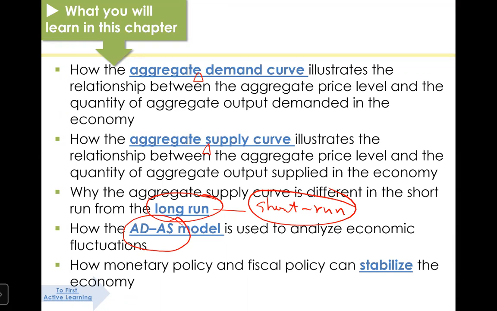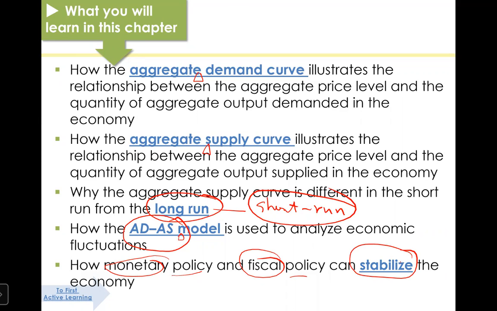Earlier in micro, we studied demand and supply. Now we are going to look at aggregate demand and aggregate supply. The benefit of studying this model is that we can understand how government policy, which includes monetary and fiscal policy, can help the economy, particularly to stabilize the economy whenever there's fluctuation.